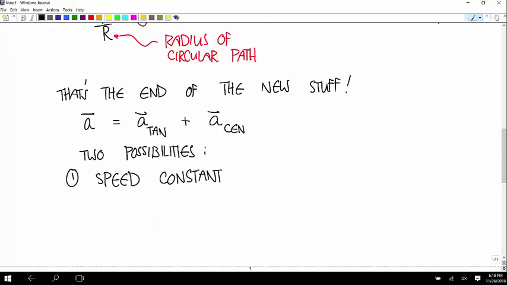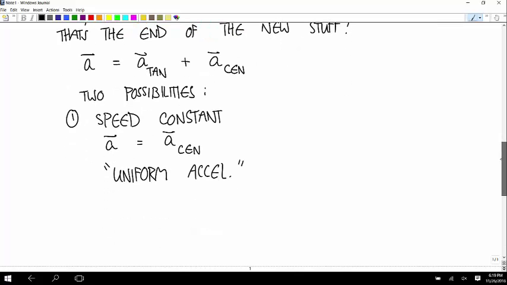In that case, the total acceleration is just equal to the centripetal acceleration because the tangential is 0. This is called uniform circular motion.